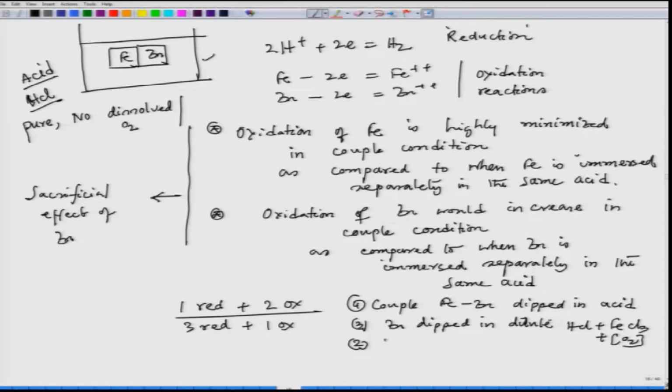Example 2 was zinc dipped in dilute HCl plus FeCl3, where we have 2 reduction and 1 oxidation reaction.